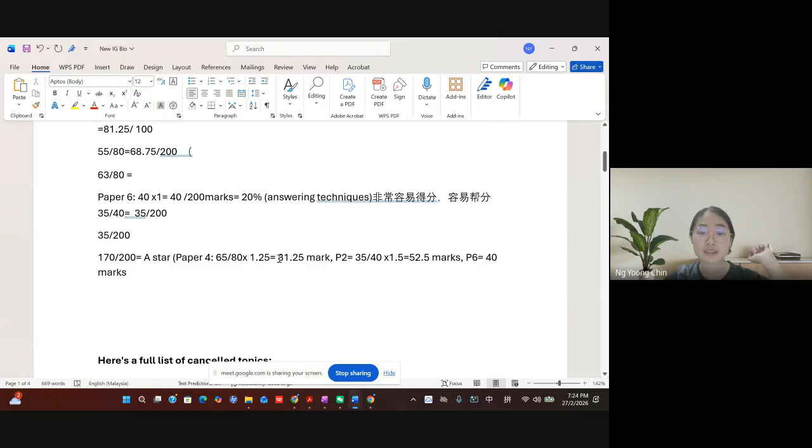So this is the mark that you get. And then paper 2, you get about how many marks? 35. This one 35 over 40. And then paper 6, you should get at least 35 over 40, 35 above.